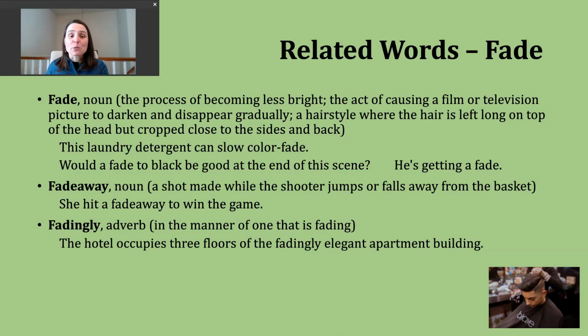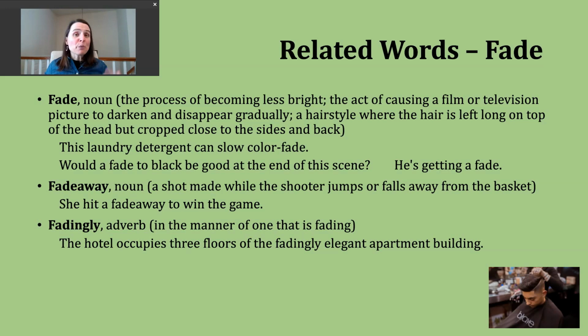The last word we'll look at today is the adverb fadingly. So this is describing the manner of something that is fading. So could be becoming less bright or any of those other definitions we talked about earlier. An example of this might be, the hotel occupies three floors of the fadingly elegant apartment building.